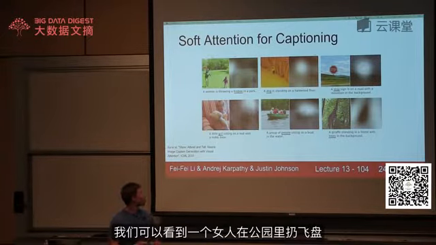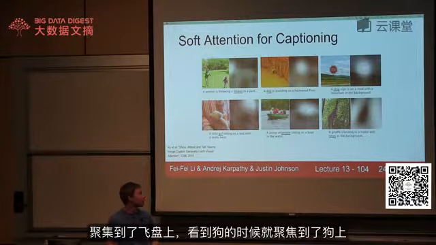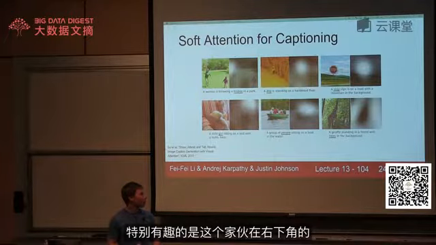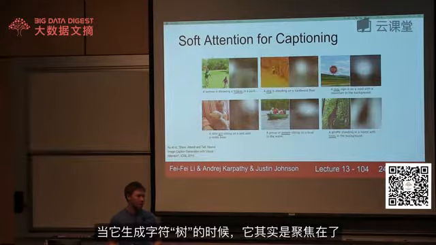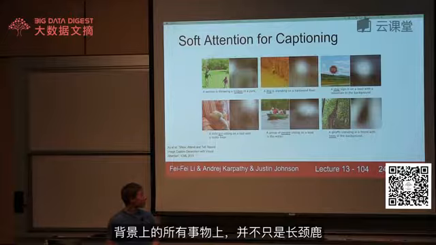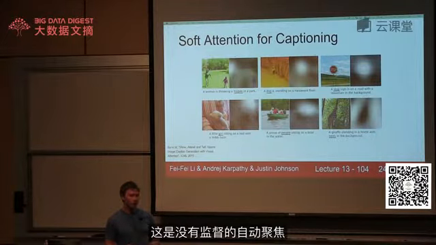When we have a woman throwing a frisbee in the park, it focuses on the frisbee. Talking about the dog, it learns to recognize the dog. And especially interesting is this one in the bottom right. When it generates the word trees, it's focusing on all the stuff in the background and not just the giraffe. Again, these come out with no supervision, all just based on the captioning task.